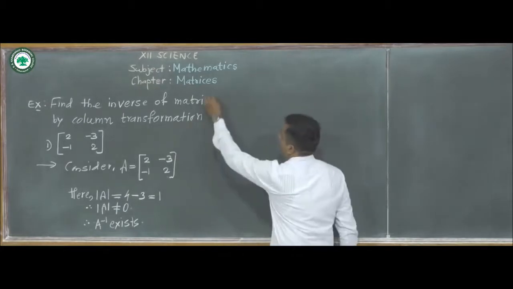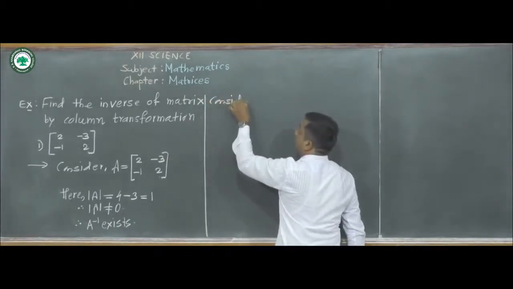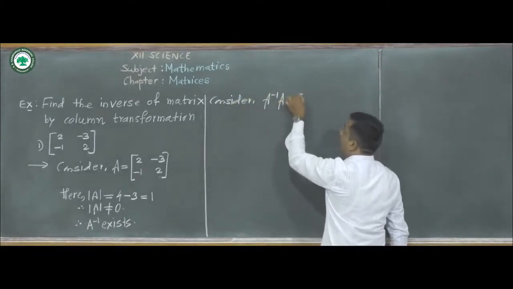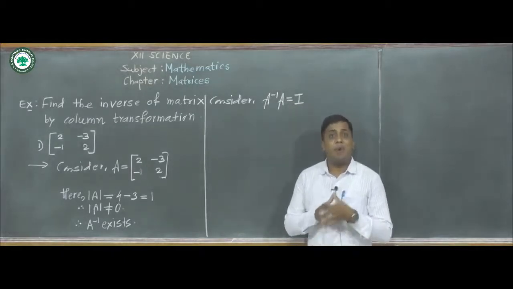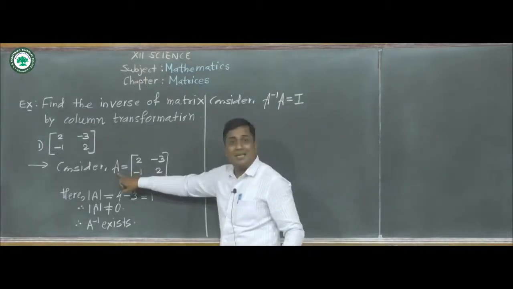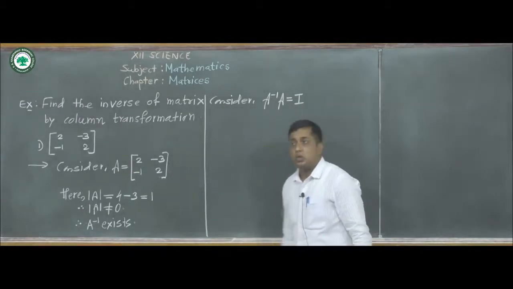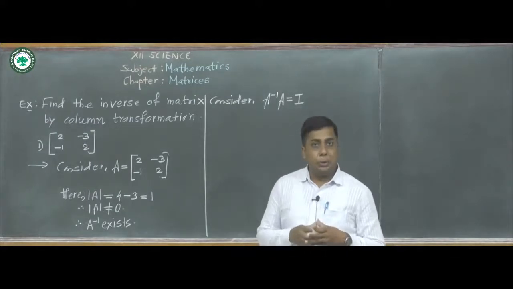So we consider the equation A inverse A is equal to I, where I is the identity matrix having the same order as A. Since A has order 2, I is also a matrix of order 2.